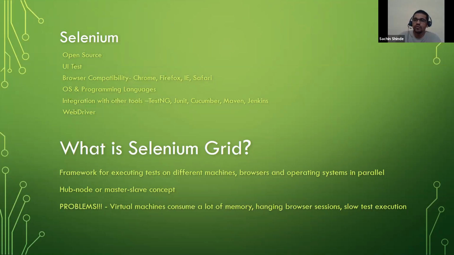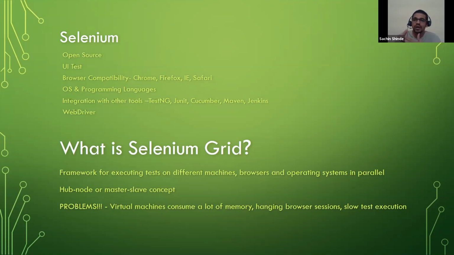That kind of framework is called a Selenium Grid. It has a hub and node kind of architecture. The hub is a central server which can send requests to the node, and on the node the actual browser will open, and over there it will run your scripts.